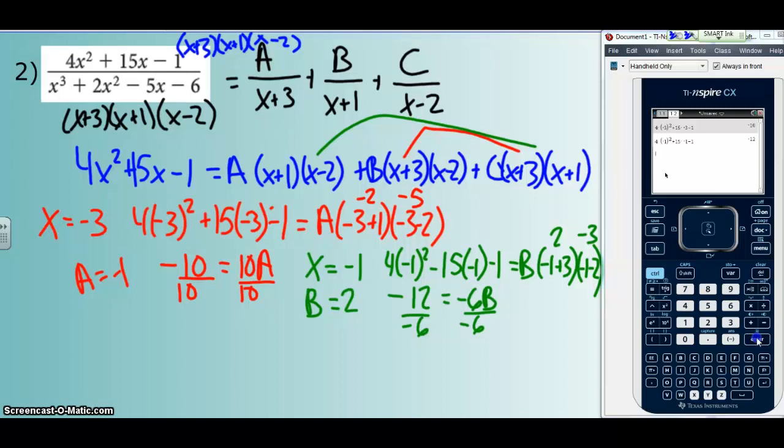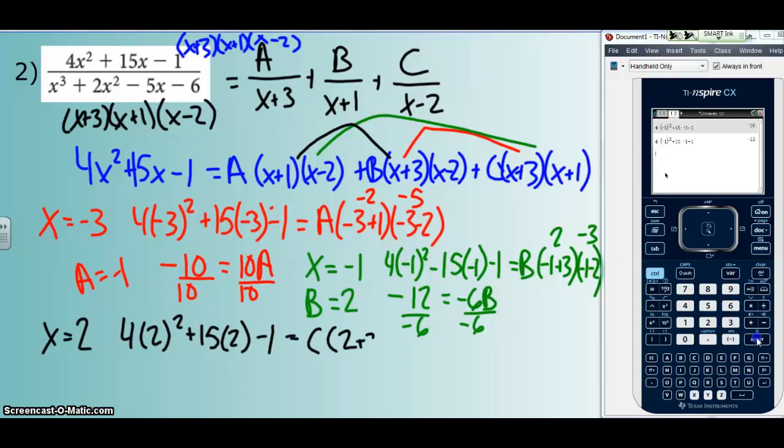And then we're going to do the same thing for c. For c, I'm going to look at a and b. My common factor there is x minus 2, so I'm going to plug in 2. So we're going to plug 2 in. So I'm going to have c times 2 plus 3 and 2 plus 1.